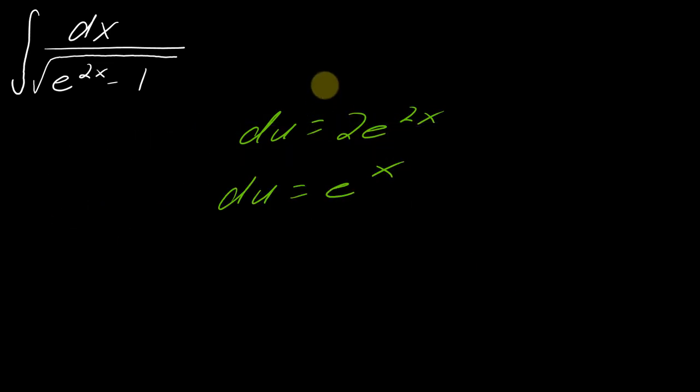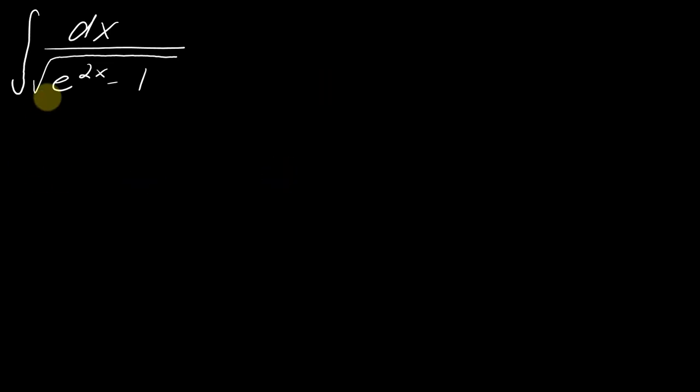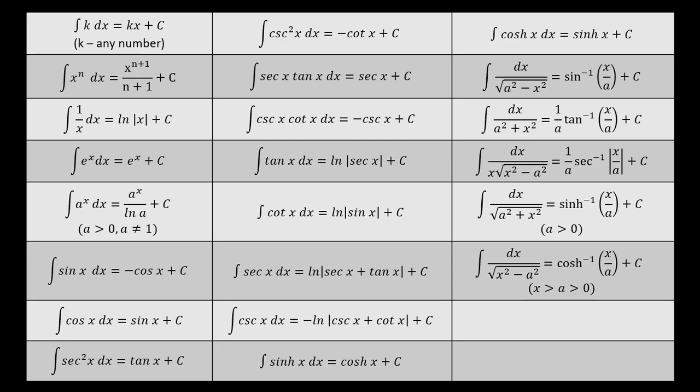Okay, so now what other ideas could we throw at this? Well, one thing that we can think about is, this is something squared minus 1, right? One thing that you can do sometimes is look at this little handy dandy list and see if there's maybe a format that we could leverage so that we could actually integrate this darn thing.